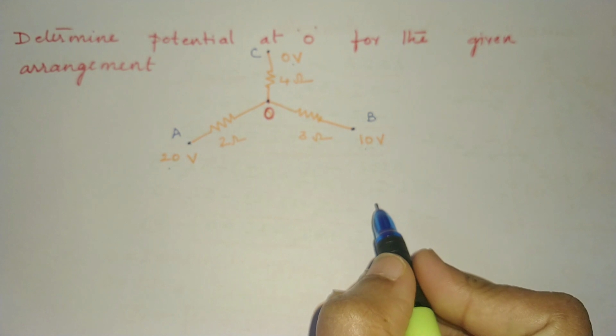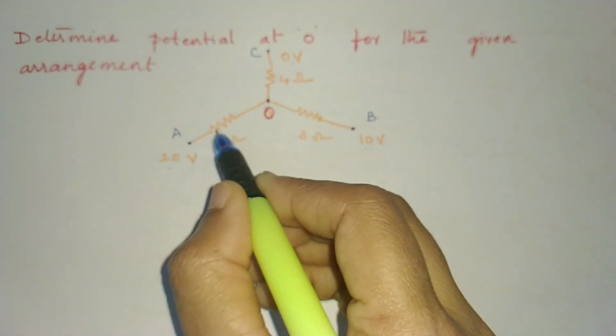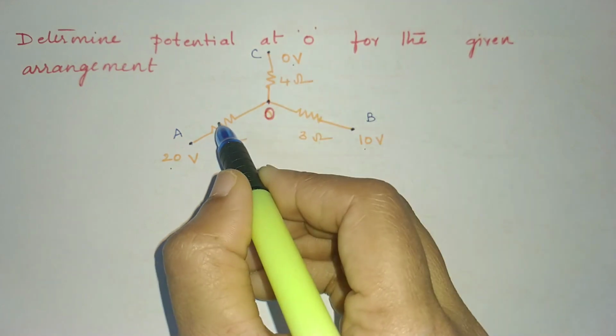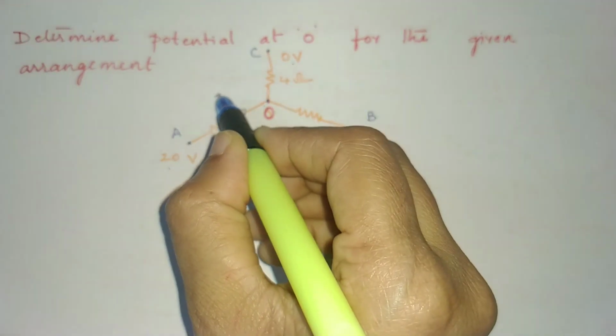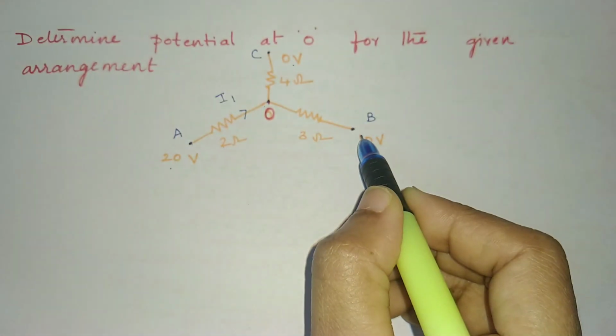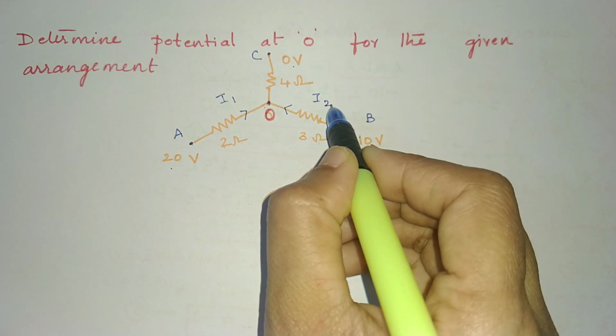Now, when such type of questions are given, we know current always flows from higher towards lower potential. So let the current coming from 20 volts towards the junction be I1. From 0 towards the junction, I will take it as I2.